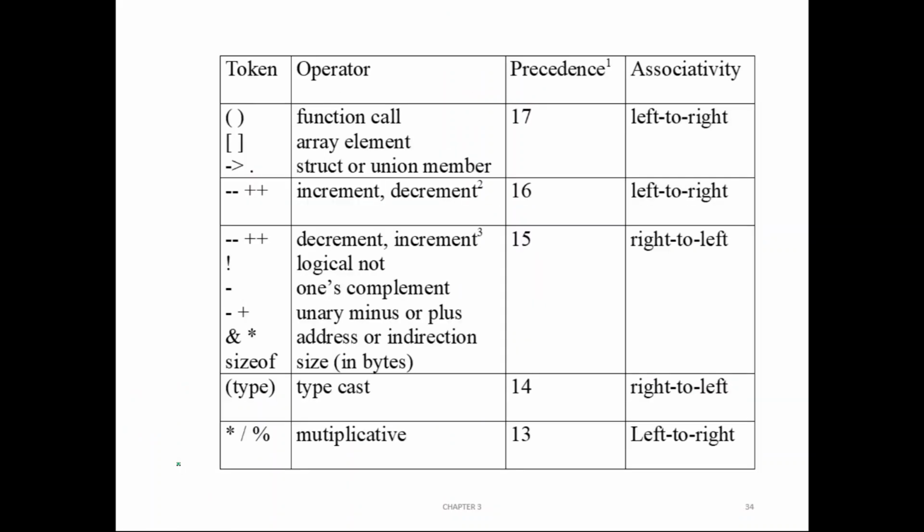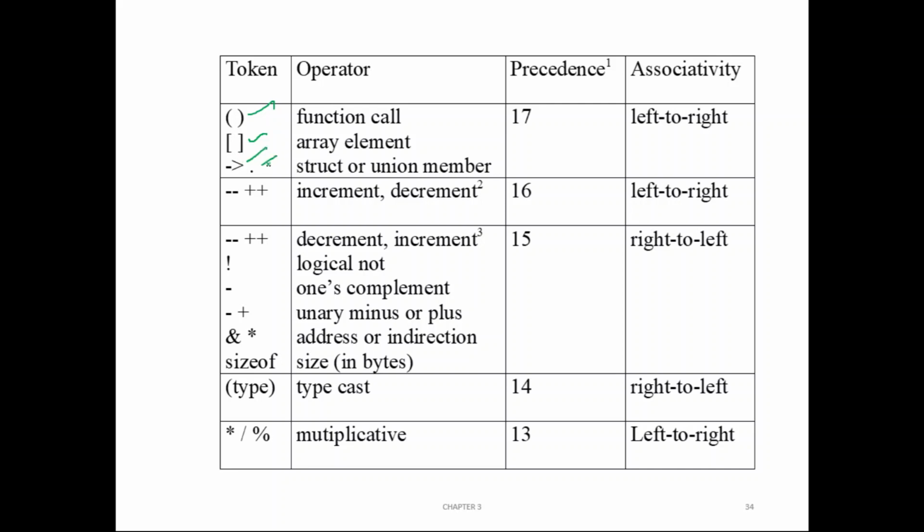The precedence and associativity rule for C programming is given by this table. In an expression, if you find things like open bracket, close bracket, or open square bracket and close square bracket, or the arrow operator or dot operator.